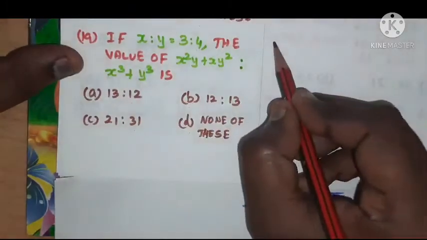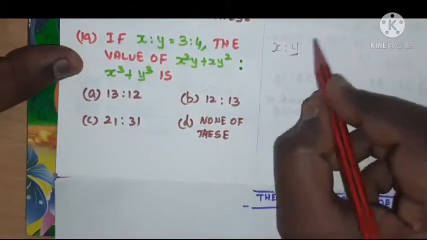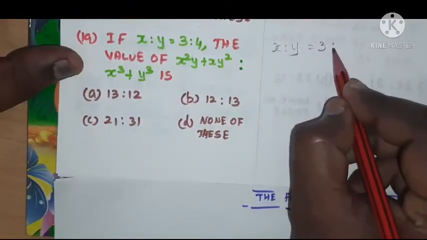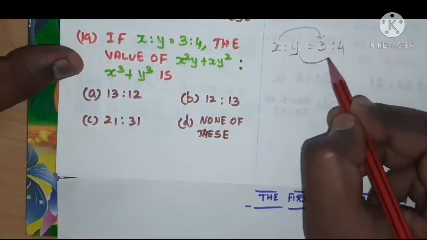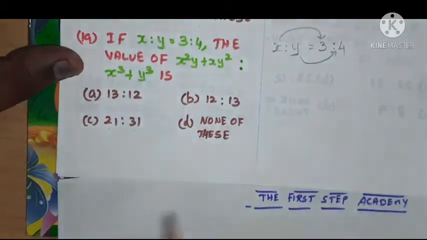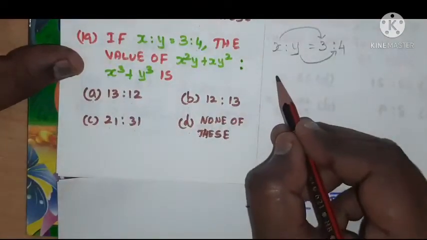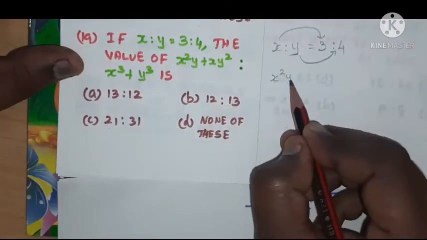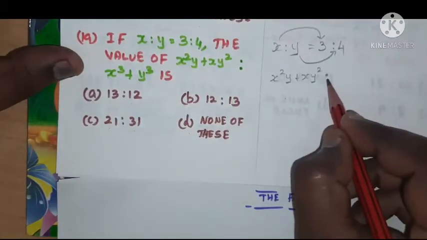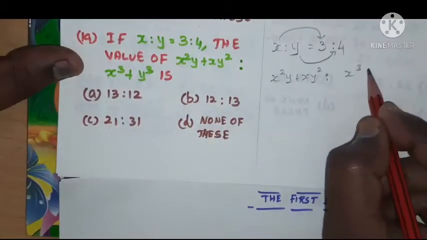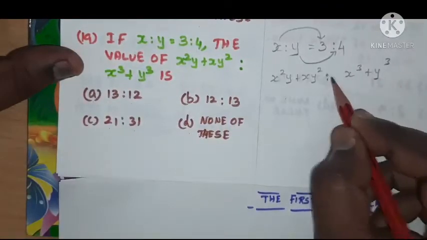So the ratio x is to y they have given as 3 is to 4. Means the value of x is 3, so the value of y is 4. Now they are asking us to find the value of x squared y plus x y squared is to x cube plus y cube.